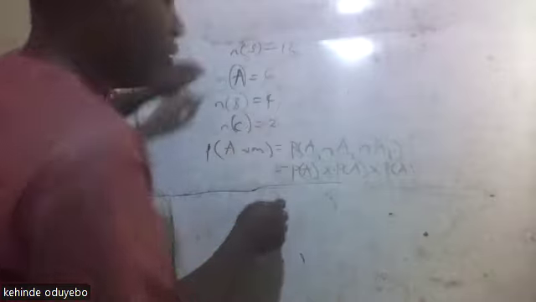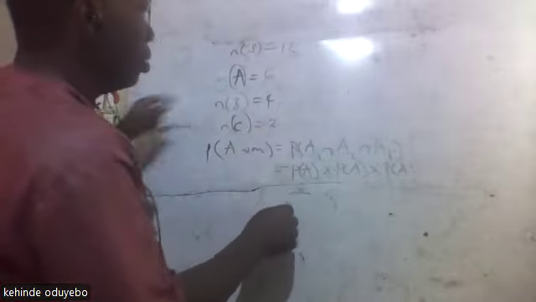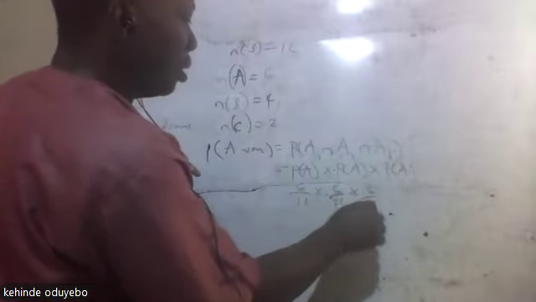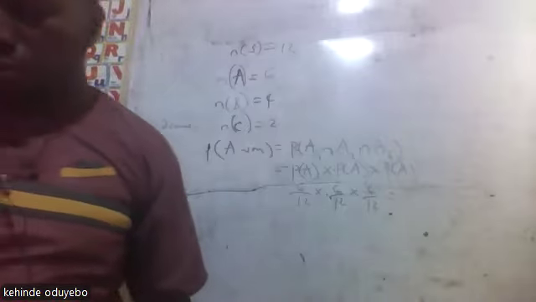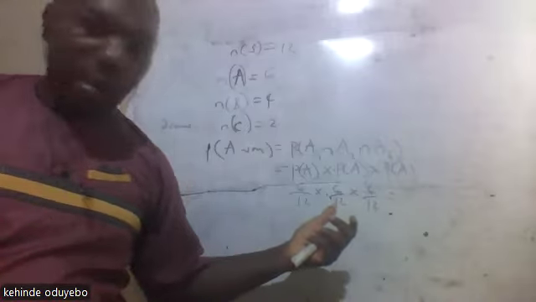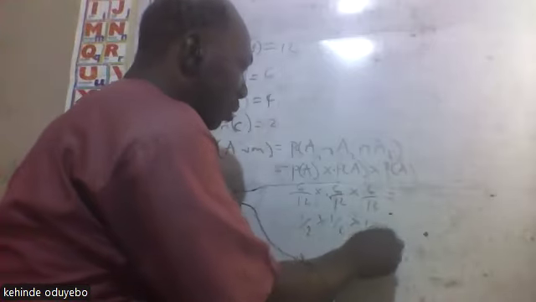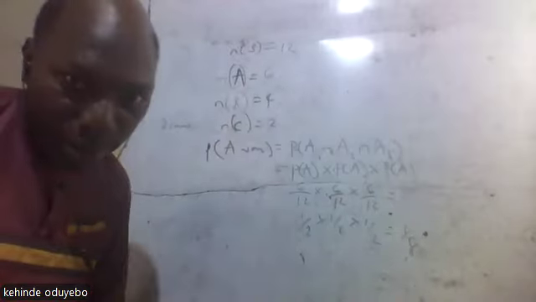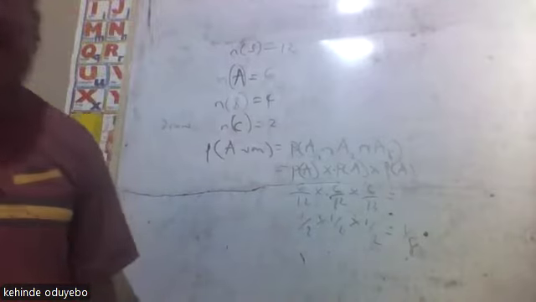The probability of A here is 6 over the total, 12, times 6 over 12 times 6 over 12. Then you do the mathematics: half times half times half. Is that one clear? Can you see my marker? Yes, I can see your marker.